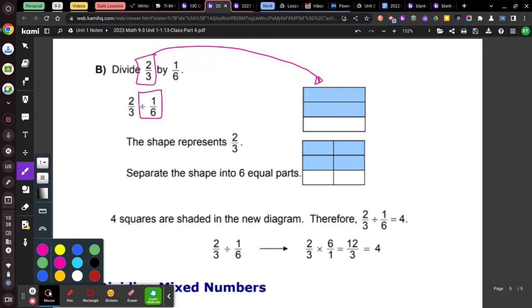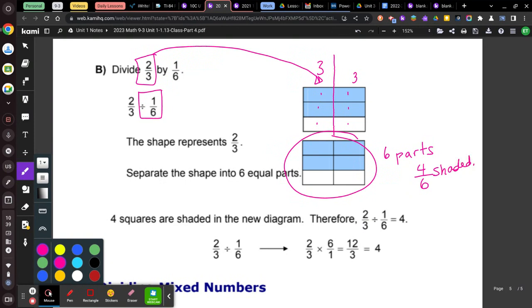What that means is we have to cut this object into 6 parts. So if I'm going to cut it into 6 parts, I would cut it down the middle. That gives me 3 on the left, 3 on the right. So I have a total of 6 equal parts. Now I see how many of those parts are shaded. I've got 4 out of 6 shaded parts.